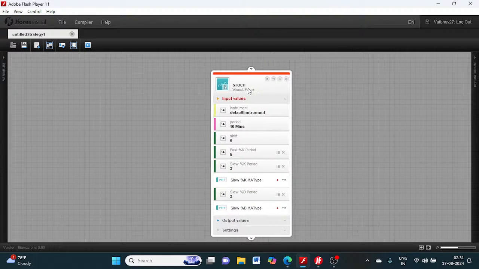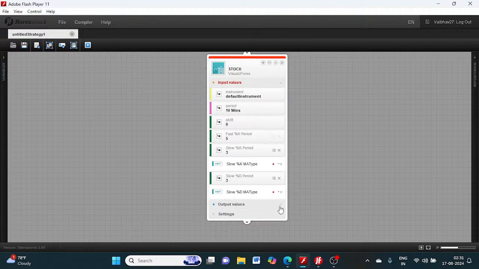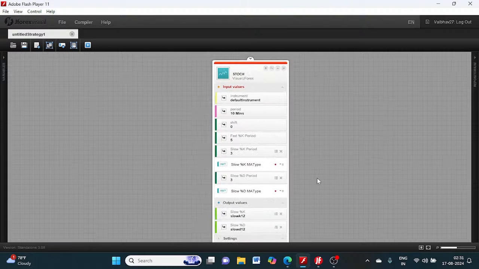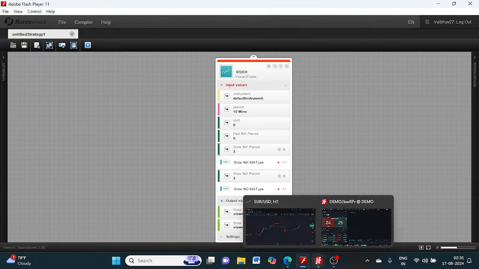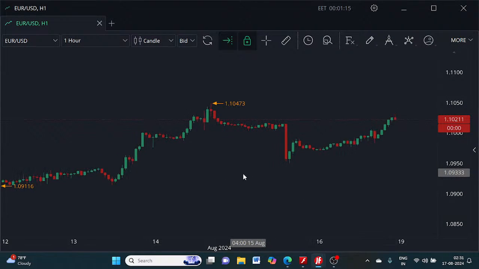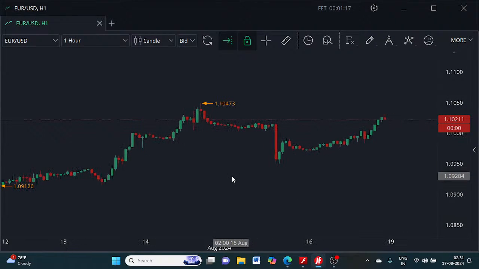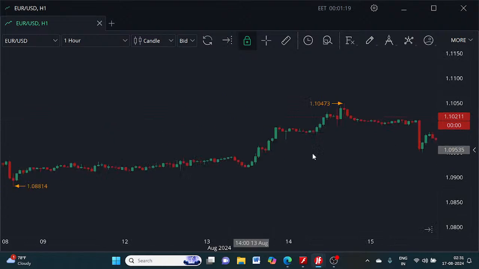This is a simple indicator, and to give you some examples of its uses, I will take you to the JForex platform where we will add the indicator to this Euro USD chart.